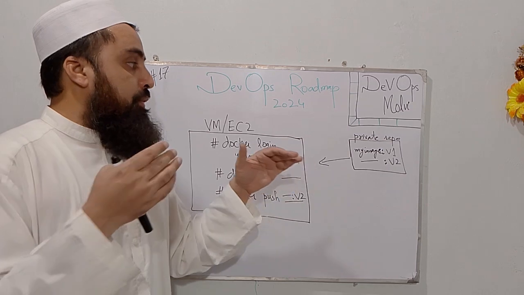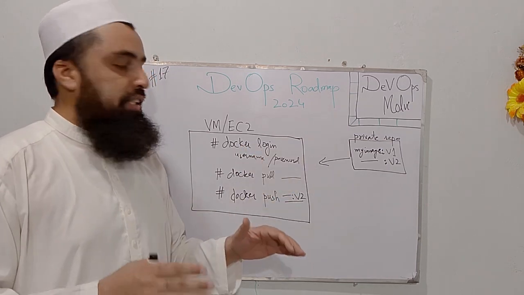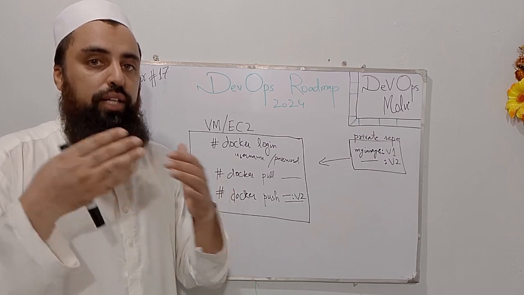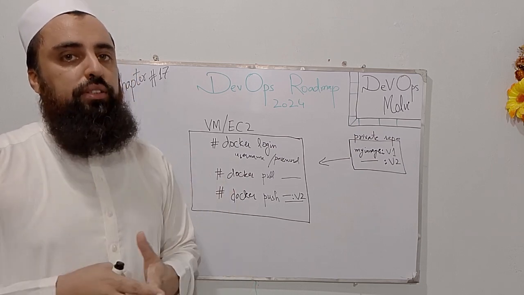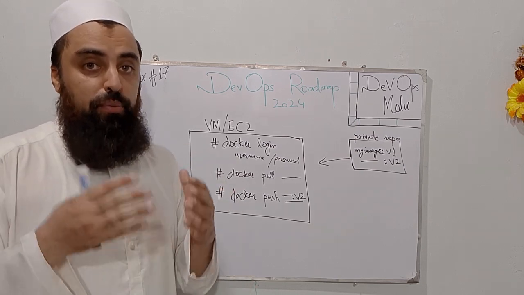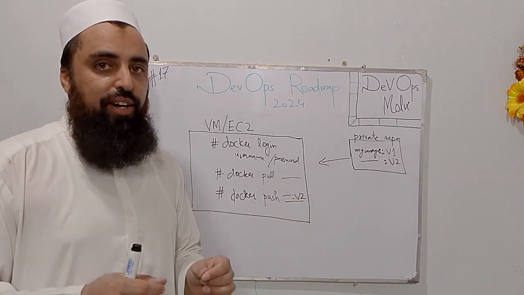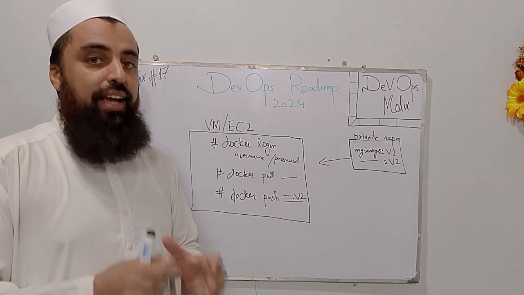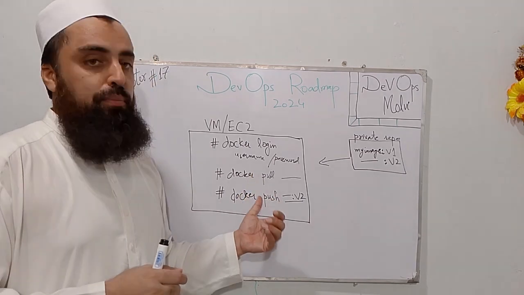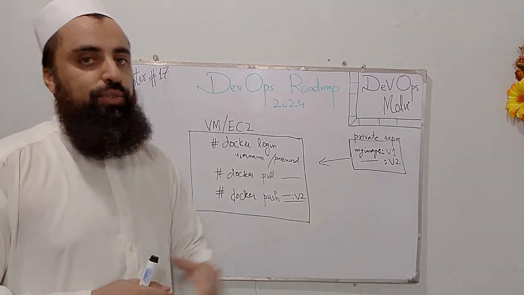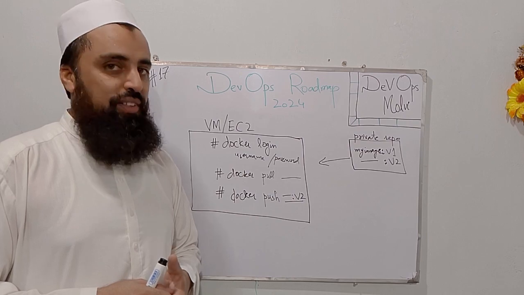So the recommended process is to create only private repositories where you can store your images on Docker Hub. So from our learning perspective, we are going to create a free account on Docker Hub, and we are going to push and pull our images in our private repository. So let's get started in our lab session.